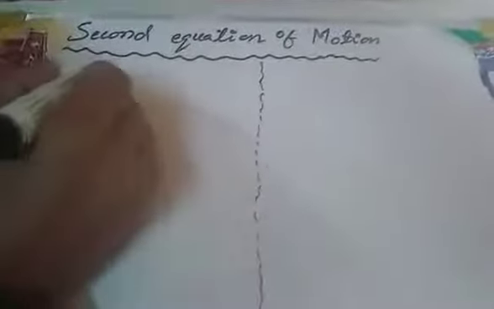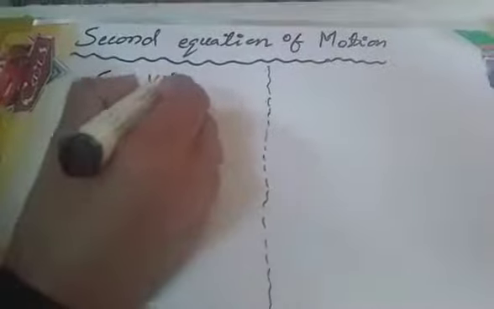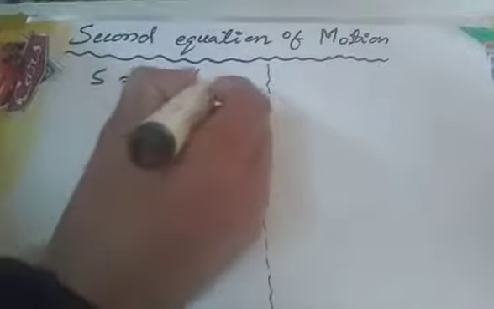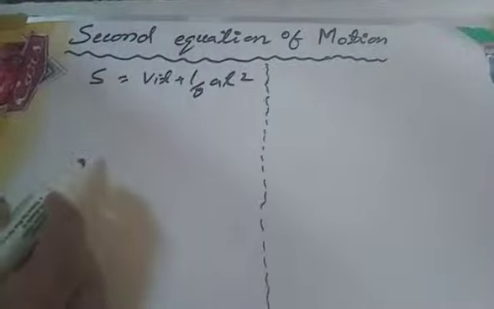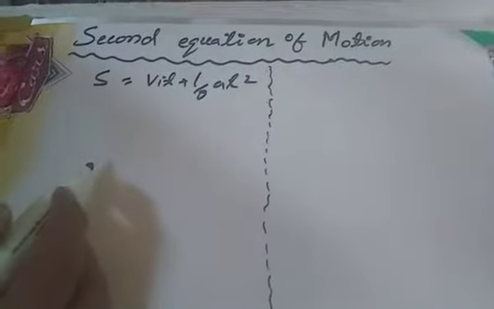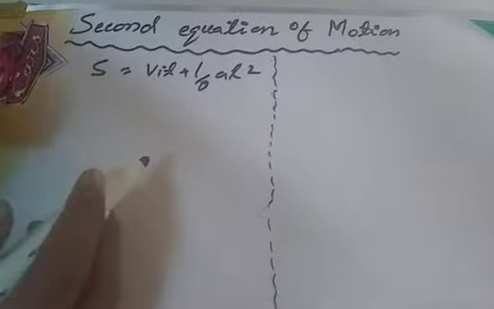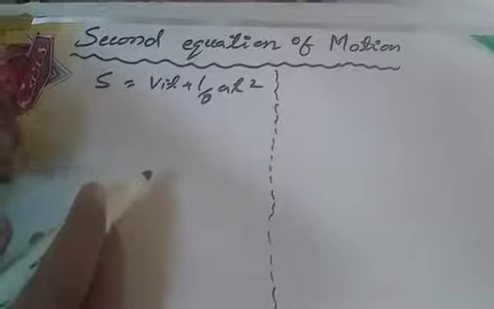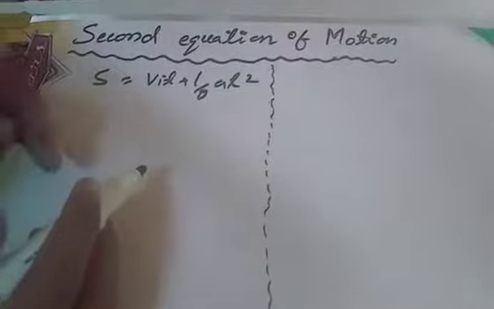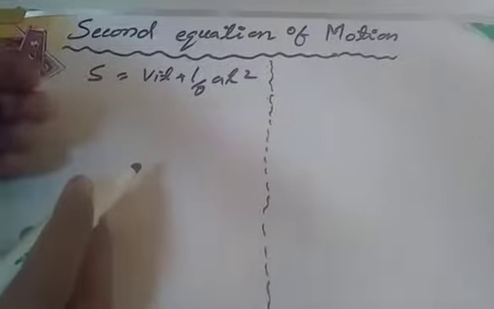We want to prove S = Vi t + 1/2 a t². As we know, the body is moving with the initial velocity and acquires the final velocity, meaning the velocity increases or decreases at a constant rate because the acceleration is uniform.